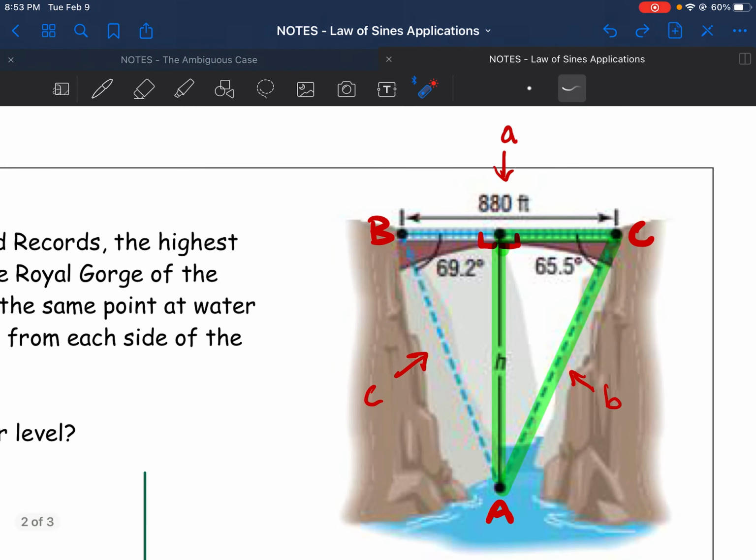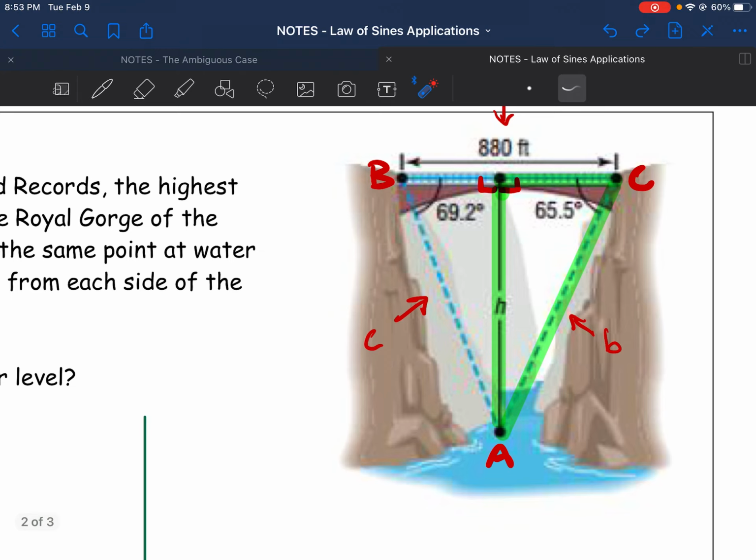If we want to use the law of sines, and we're allowed to, by the way, because we have an angle and an included side, so we can use the law of sines to solve for the missing pieces. But if we use the law of sines, we're going to be solving for B and C and angle A, but we won't be solving for H, the height. Law of sines isn't going to find that for us.